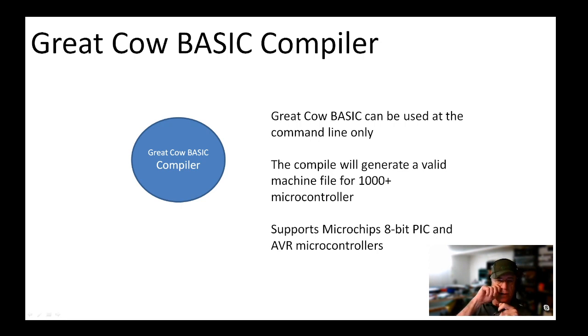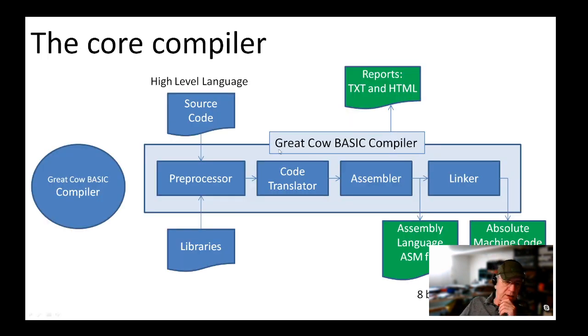So yesterday we saw this diagram, really saying that the compiler itself is the core. It can generate object machine files for about 1,000 microcontrollers, and it supports PICs and AVRs. And what we saw yesterday is that it's got a set of components.